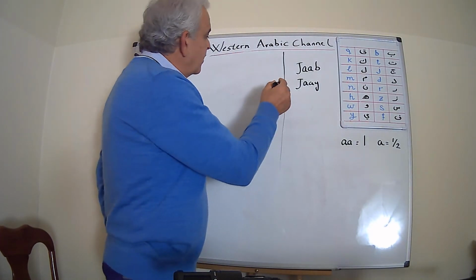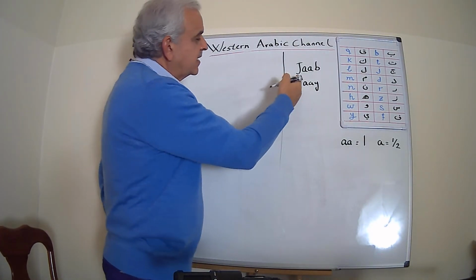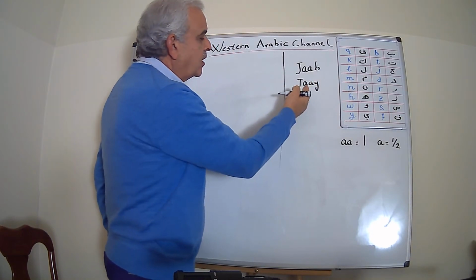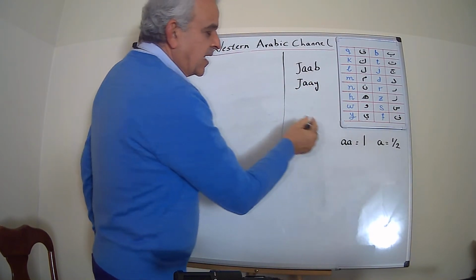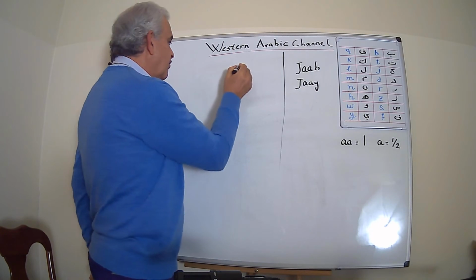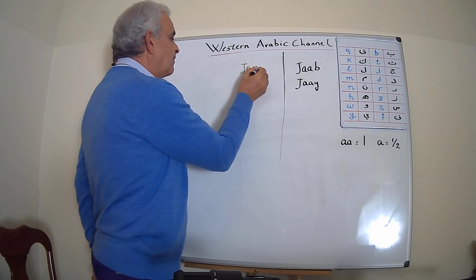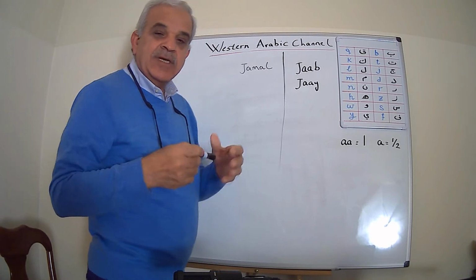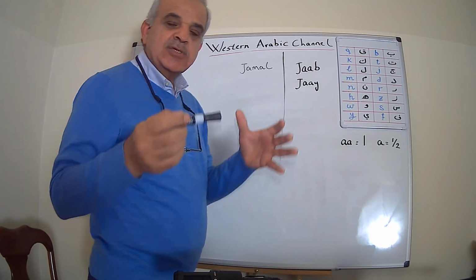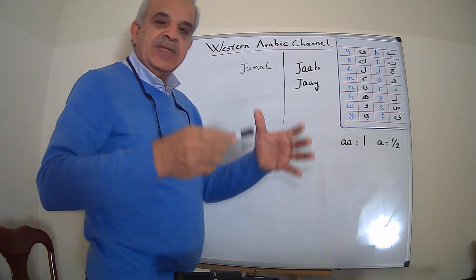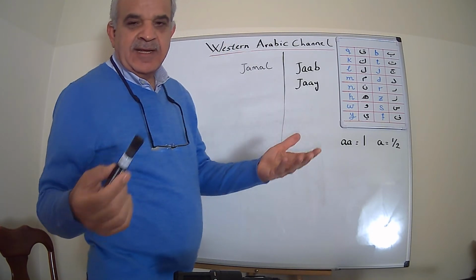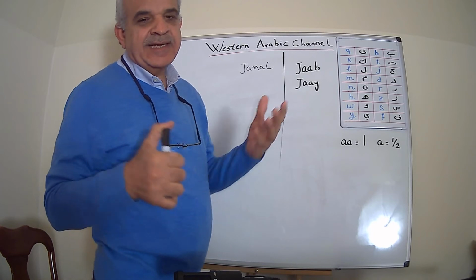If we look at words which have only one short A, like Jamal, by the way, the word camel in English is originally Jamal in Arabic, but when they converted it into English, they called it camel.